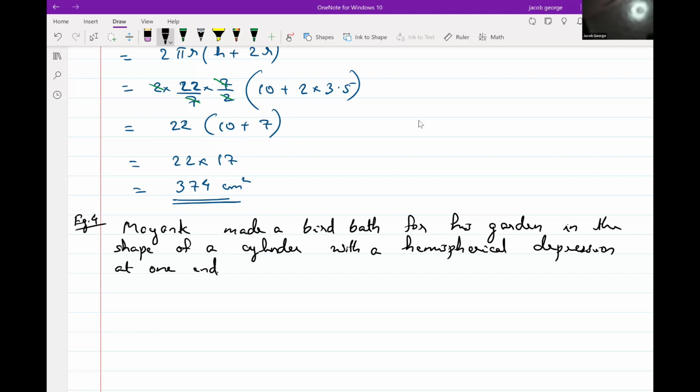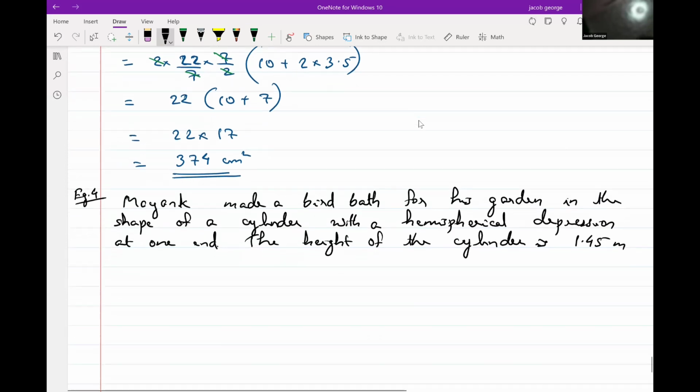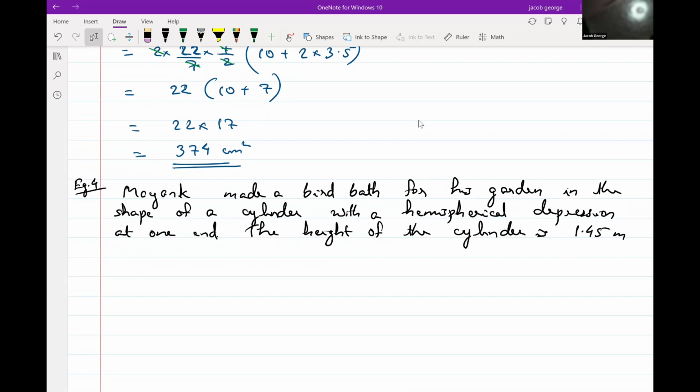The height of the cylinder is 1.45 meters and its radius is 30 centimeters.